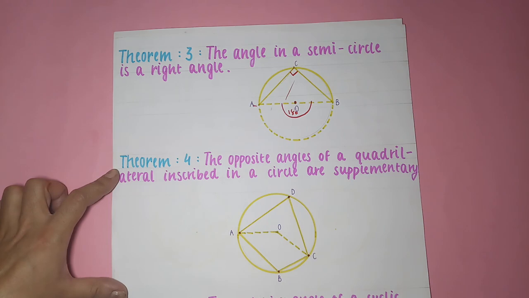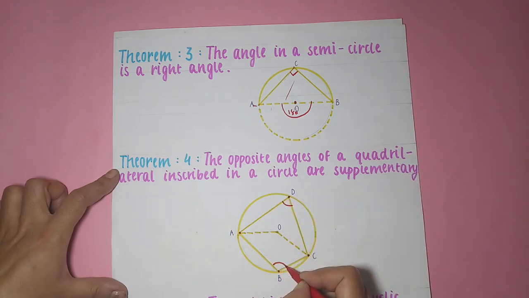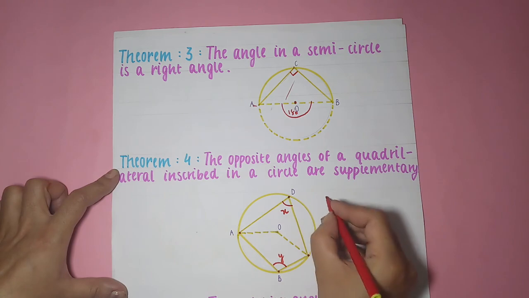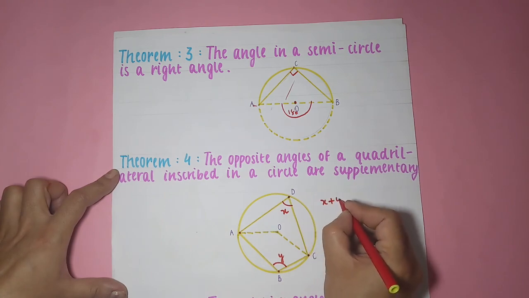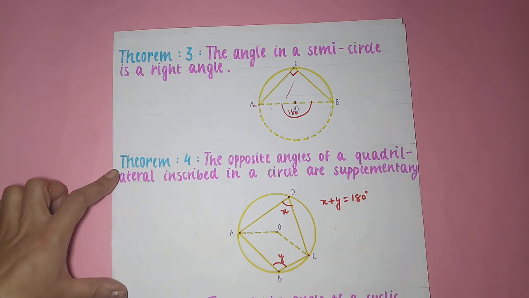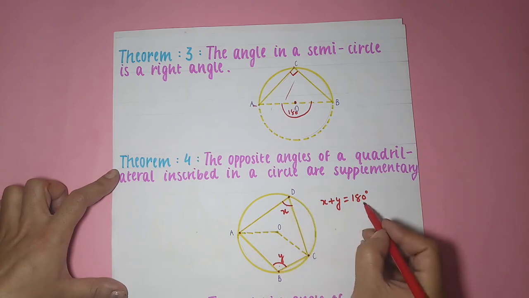Now, what is the property of this cyclic quadrilateral? Opposite angles of a cyclic quadrilateral are supplementary. That means if this angle is x, this is y, then angle x plus y is equal to 180, right? That's what it means, that opposite angles of a cyclic quadrilateral add up to 180 degrees.